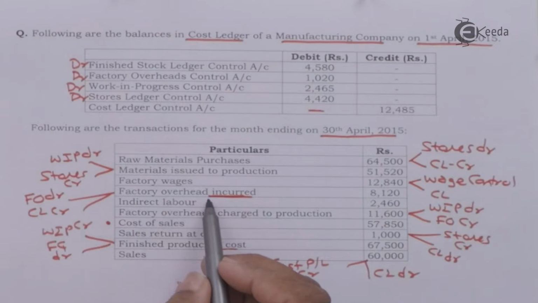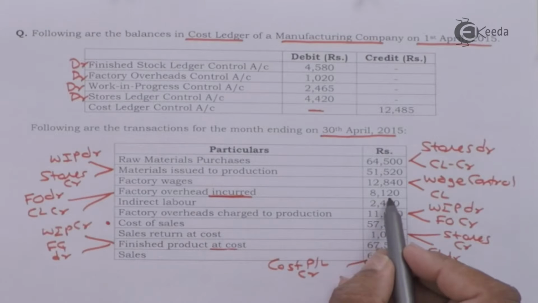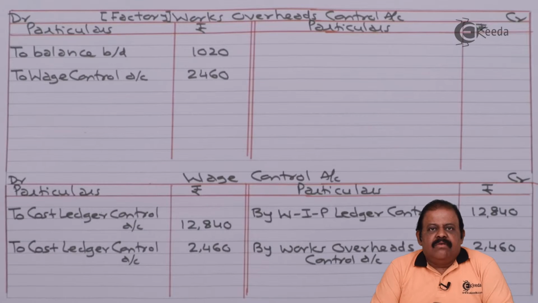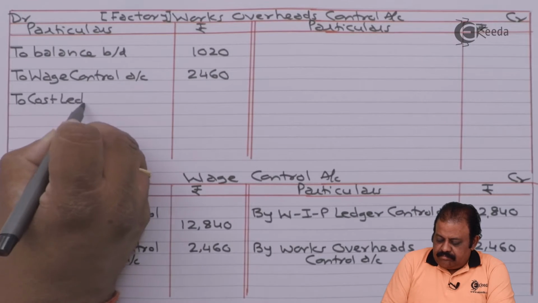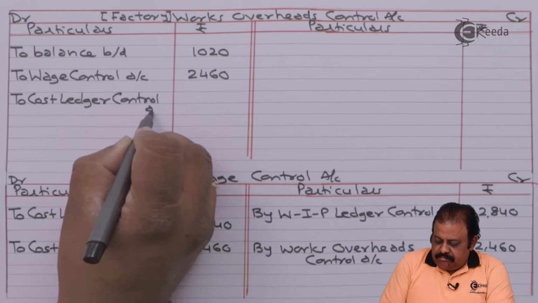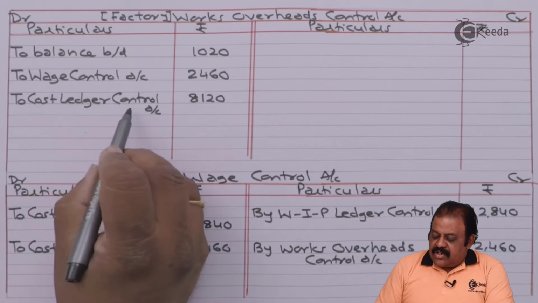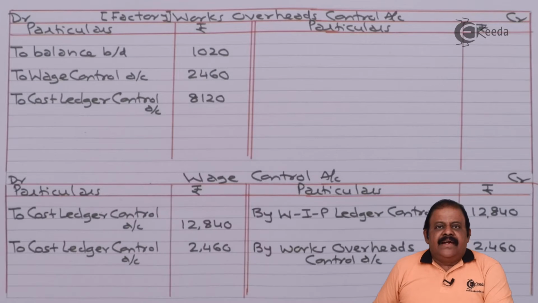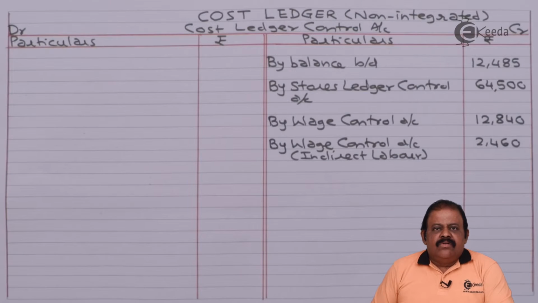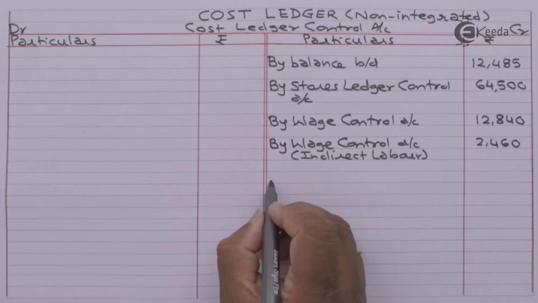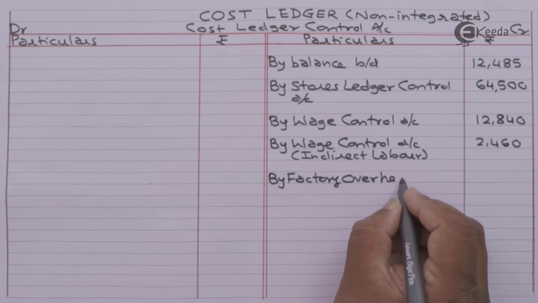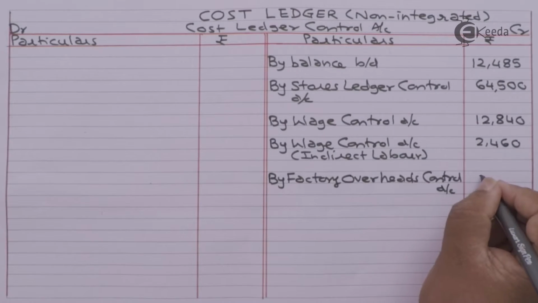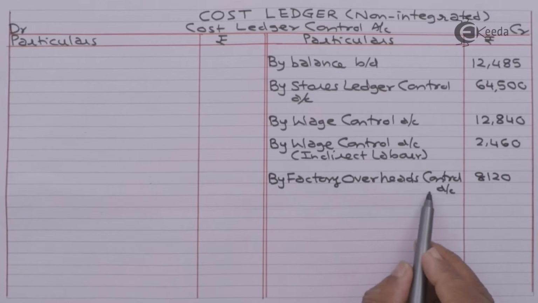2,460. Factory overheads incurred 8,120. This will be debited to factory overheads control account, to cost ledger control account 8,120. This will be credited to cost ledger control account, by factory overheads control account 8,120.